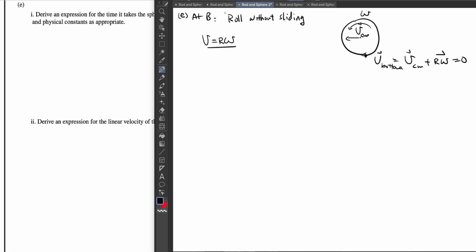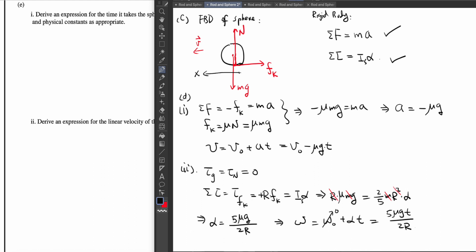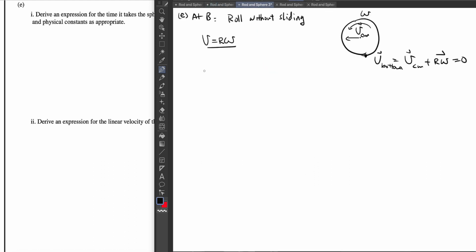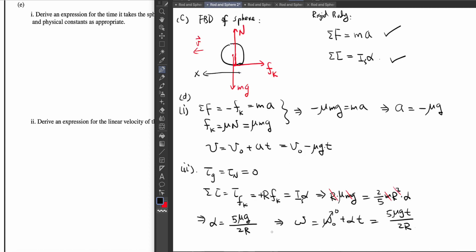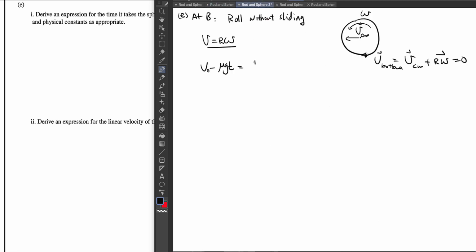So now with this condition, let's look back at the previous expression. V equals v naught minus mu gt. And r omega equals this quantity here, 5 mu gt over 2r. From this equation, we can calculate the time instant when they are equal, right? So that's the time we're looking for. So let me group all the t terms together.